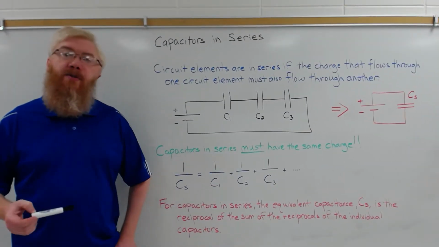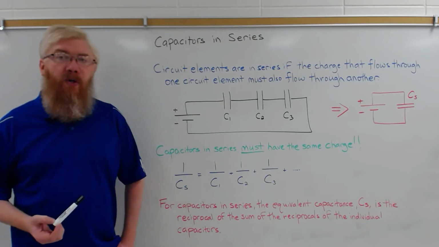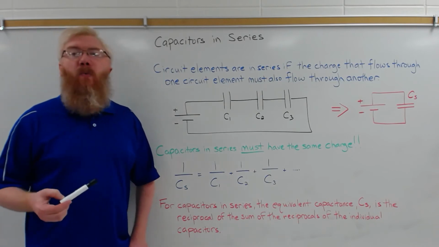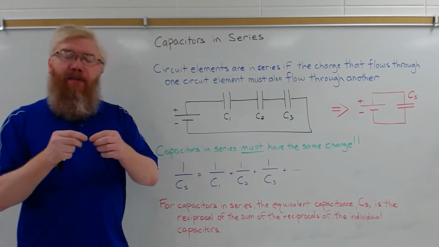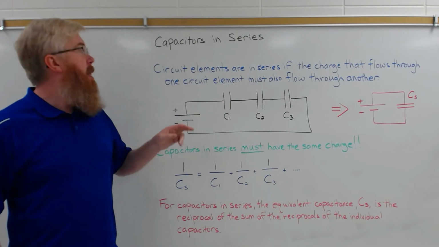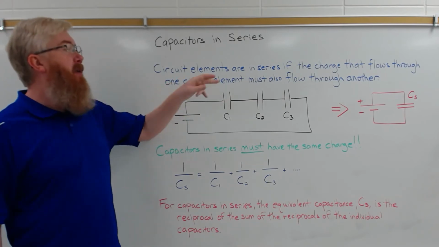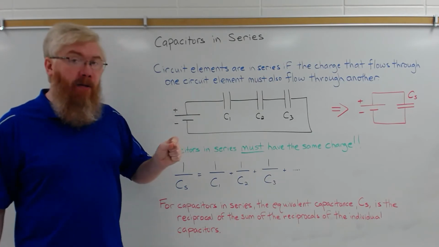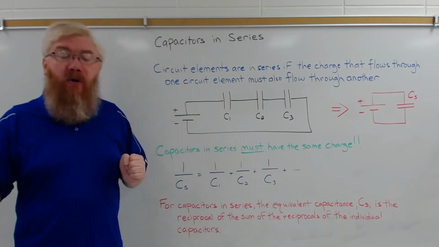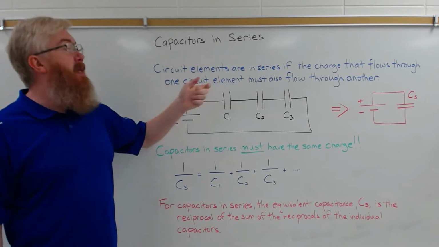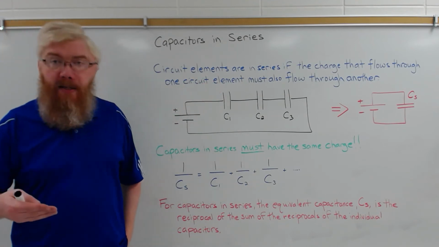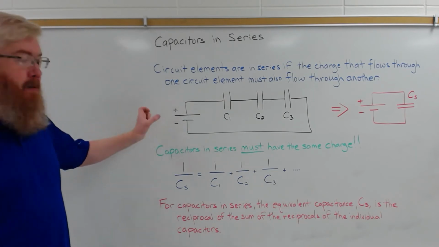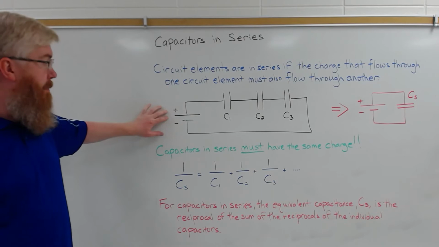The first circuit configuration we're going to look at is that of a series circuit. When you have multiple circuit elements attached together in such a way that the current or charge that flows through one element must also flow through the second element, with no choice of branching off and going elsewhere, then we say that these circuit elements are in series. In this simple example, I have a battery, again parallel, uneven length lines.